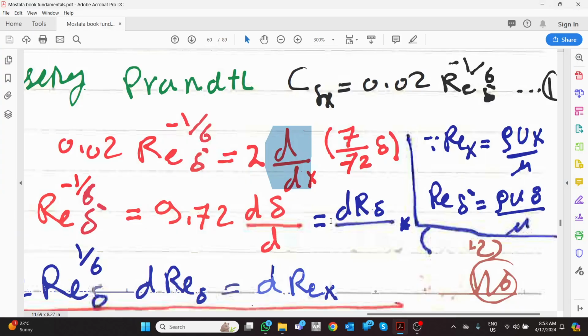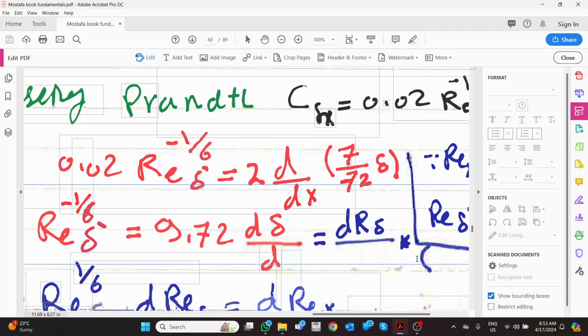So based on this definition, of course, here it is. I don't know in the scan why it is missing, but add text.